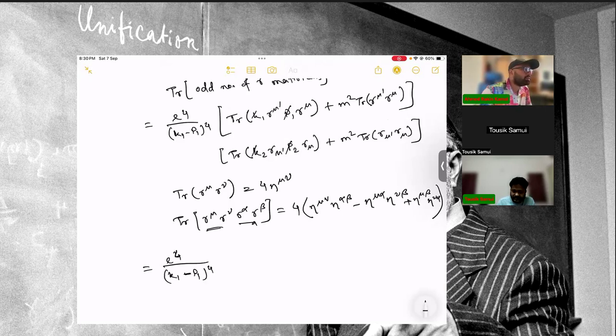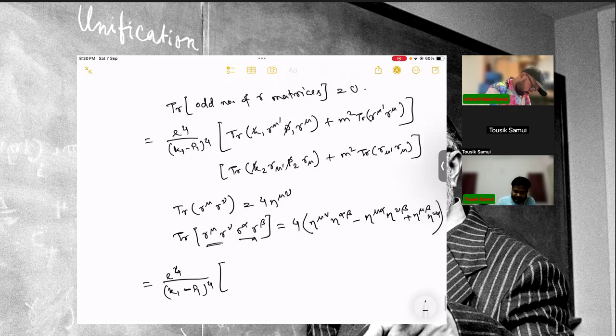Then from the first term, we'll have, for example, there will be one eta mu nu from this and one gamma matrix from K1 slash, and then K1 slash has an index, so it will become K1 mu prime times P1 mu, okay, minus K1 dot P1 eta mu prime mu.